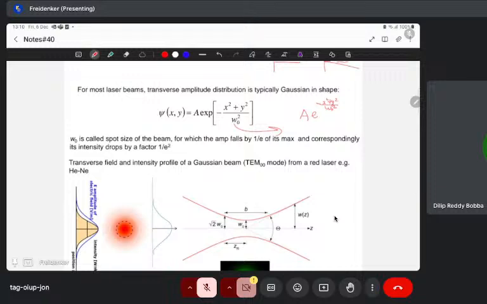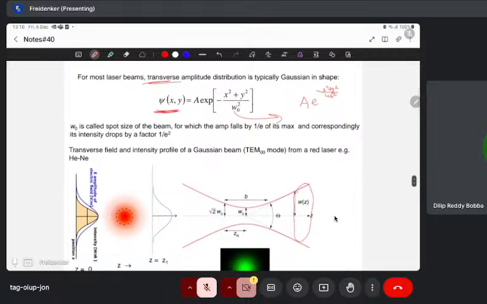W is the spot size. This is the amplitude. Light is a transverse wave, so you have transverse amplitude. Amplitude is decreasing in the sense intensity is decreasing.